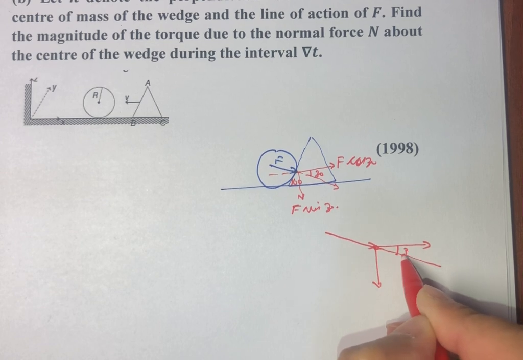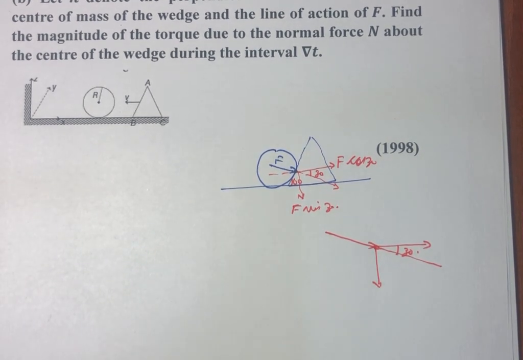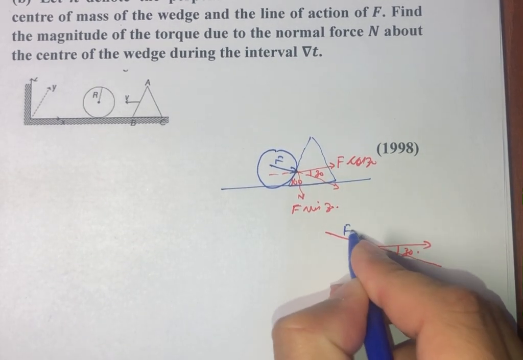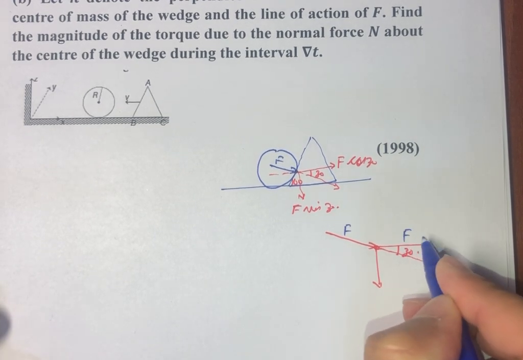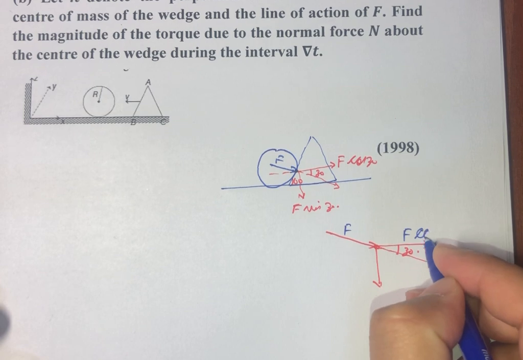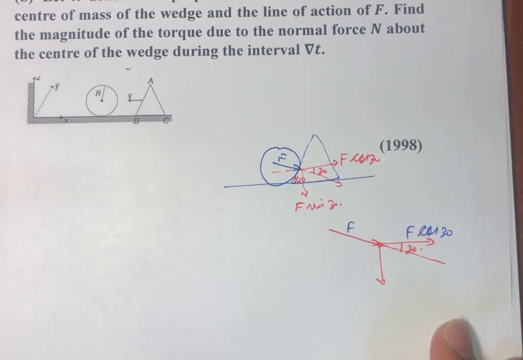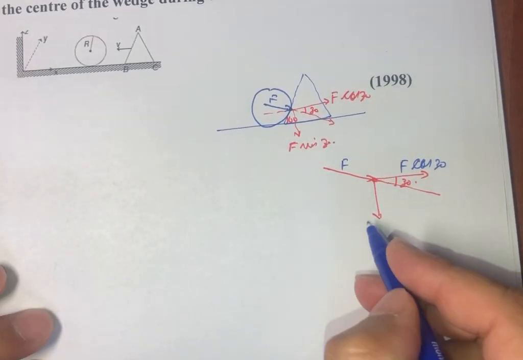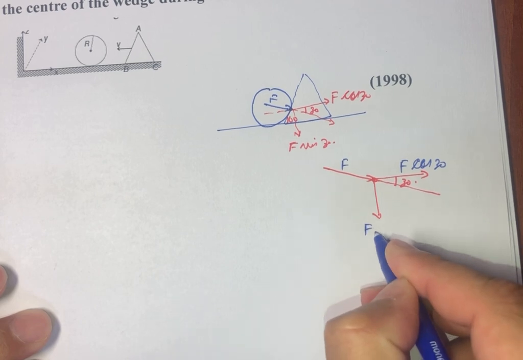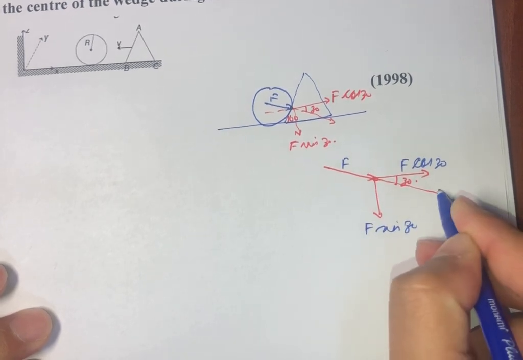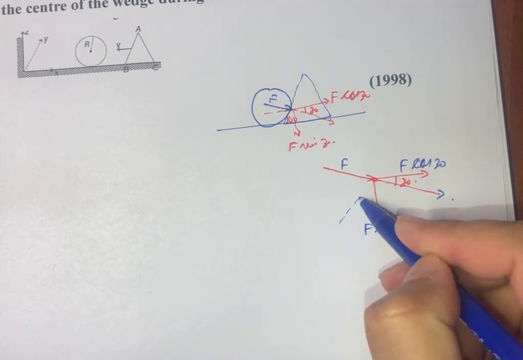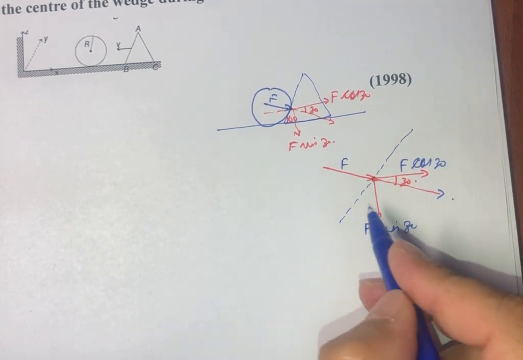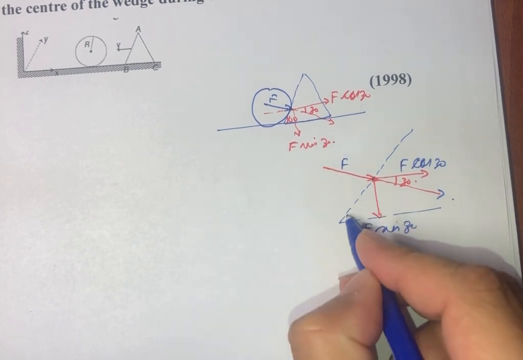This will be angle 30. This is force F. So we are going to have the x component as F cos 30, and the y component as F sin 30. And this is our triangle. This angle is 60 degrees.